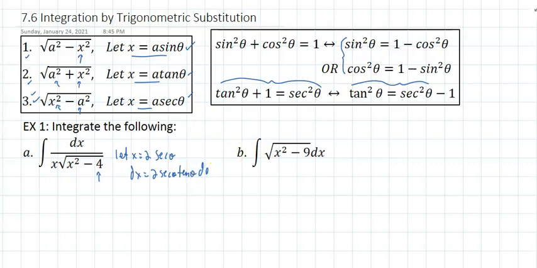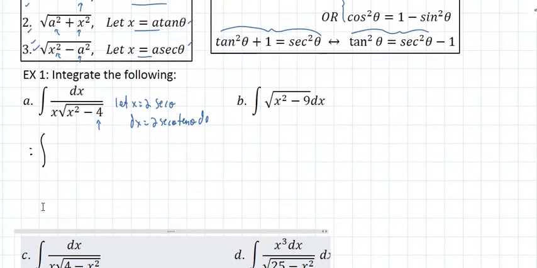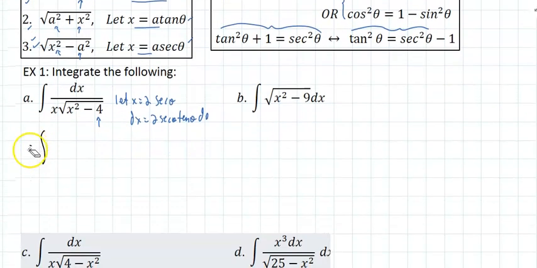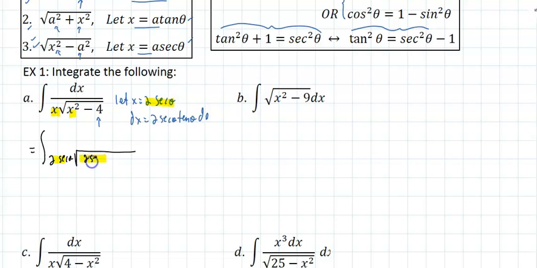So I go in and make my substitution. I think I'm going to need more space. That's never a problem. My x is right there, 2 secant of theta, and there's this radical with 2 secant of theta squared minus 4.